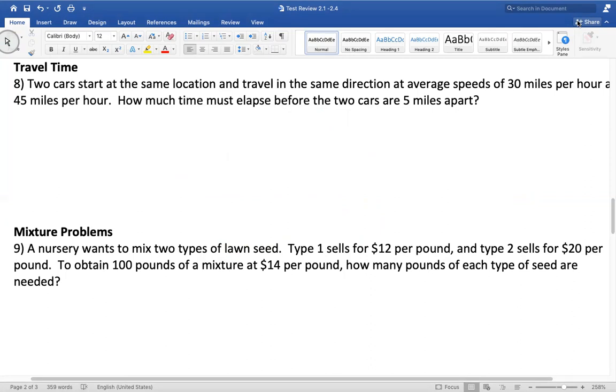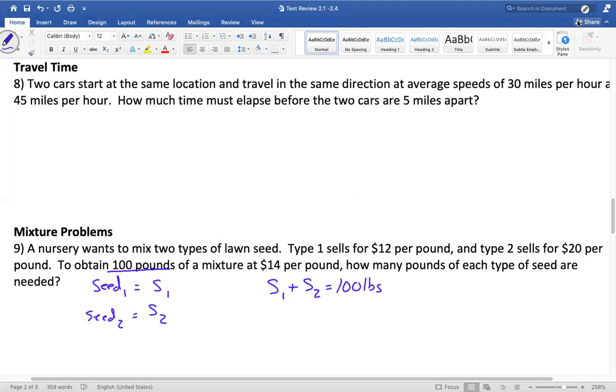Now, we have seed 1, I'm going to call it S1, and seed 2, S2. It's just going to make my life easier. S1 plus S2 has to equal 100 pounds. How do I know that? It says it right there.